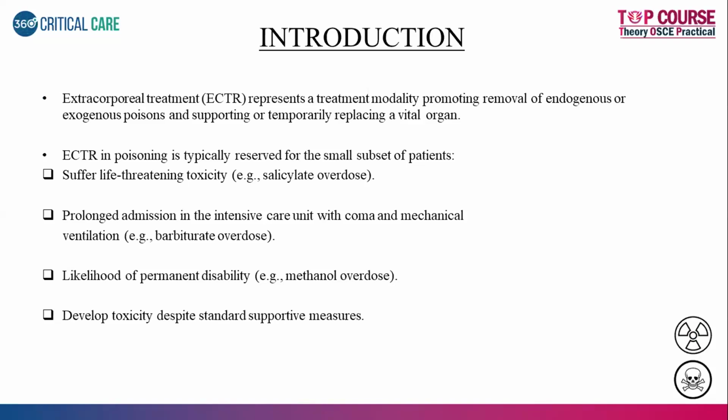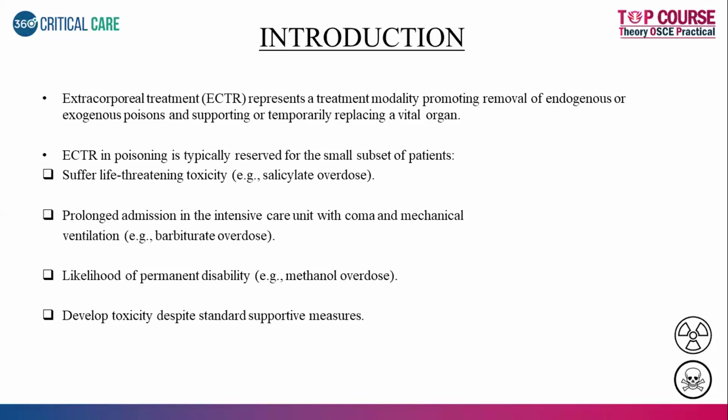Okay, so one is if the patient has a life-threatening toxicity, then you can give an option of ECTR to the patient. Second, if there is prolonged admission in the ICU with coma and mechanical ventilation, especially with barbiturate overdose, then in such cases you can give an option of ECTR. Third, any likelihood of permanent disability, especially with methanol overdose.